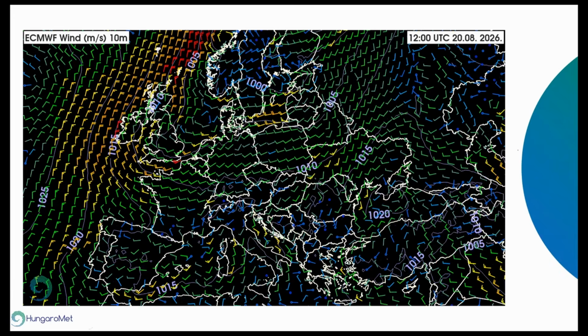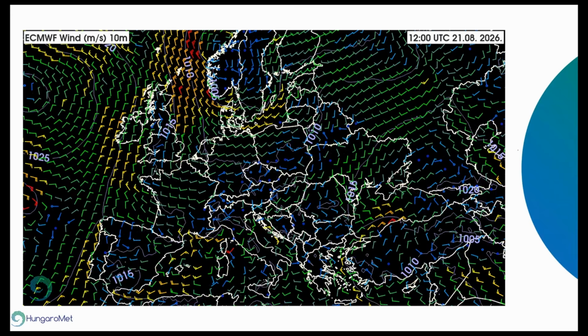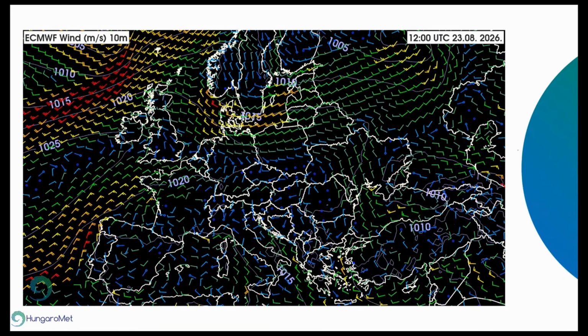We've still got over most of Europe, or the center part of Europe, this westerly flow that is left over from the cyclonic systems. And as we move forward in time, we can see from the west, from the Atlantic, this anticyclonic system that is approaching Europe from the west.